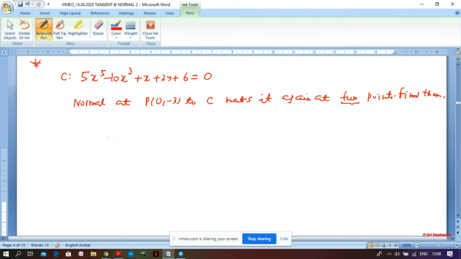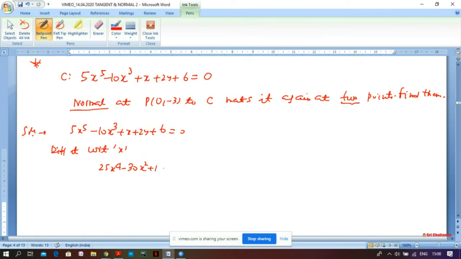So now let me first write the normal. First of all, this is the equation of the curve: 5x to the power 5 minus 10x cubed plus x plus 2y plus 6 equal to 0. Differentiate it with respect to x. So you get 25x to the power 4 minus 30x squared plus 1 plus 2 times dy over dx is 0.